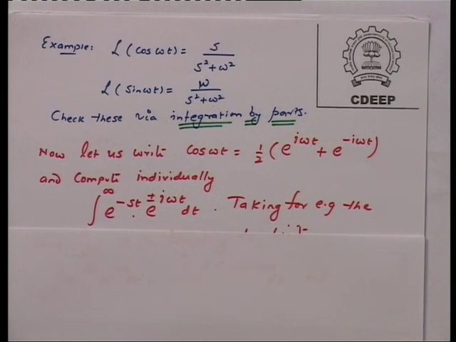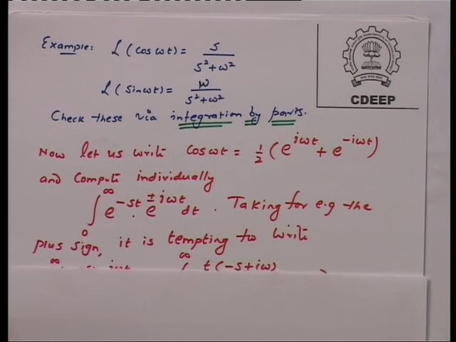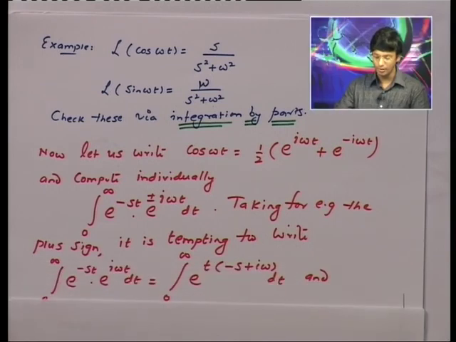So what is the Laplace of e to the power minus st into e to the power plus or minus I omega t? You write it this way, look at the last line, it is integral 0 to infinity e to the power t times minus of s plus I omega.